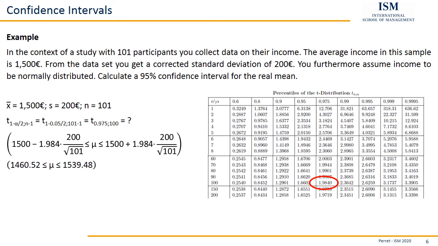This means larger intervals. This can also be seen if we recall the z value we used before for the 95% confidence interval was 1.96. Here the corresponding t-value is 1.984, so it's larger. This larger t-value means, well, we will get a broader interval. Not this much larger, but a bit broader.